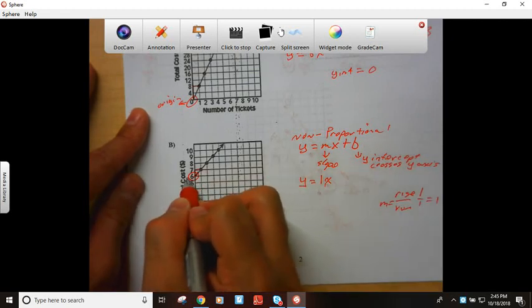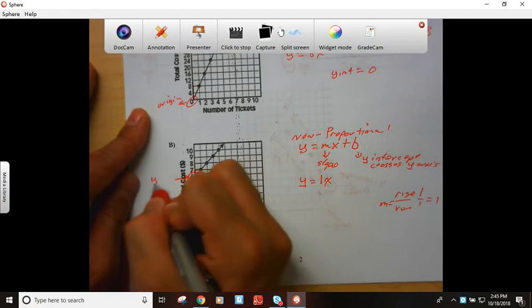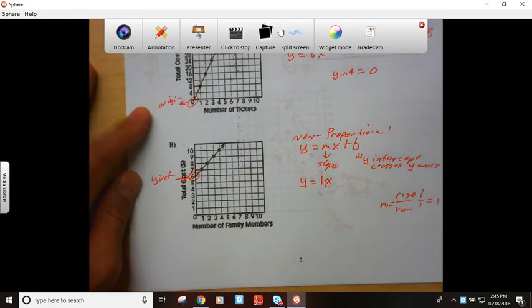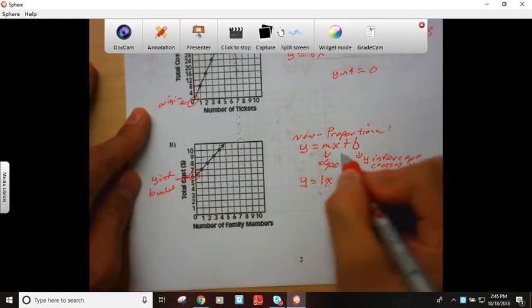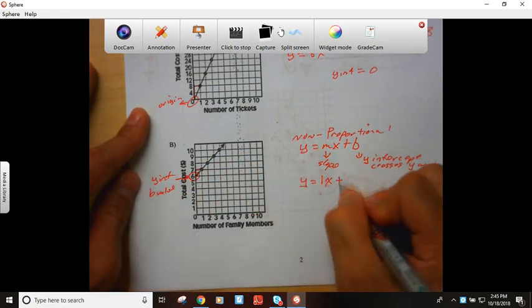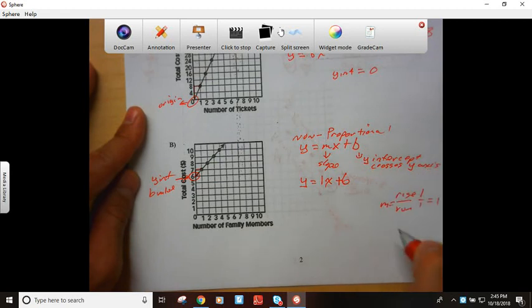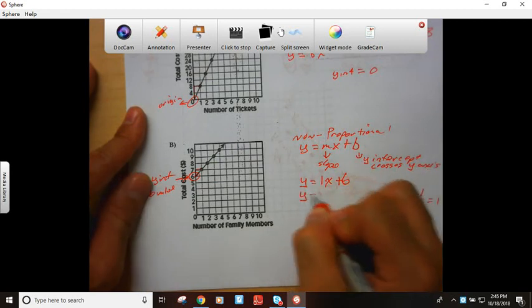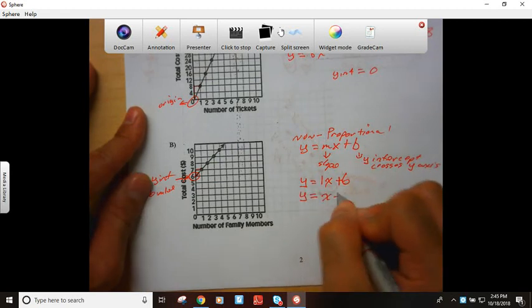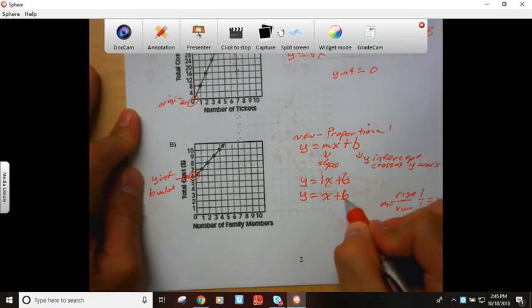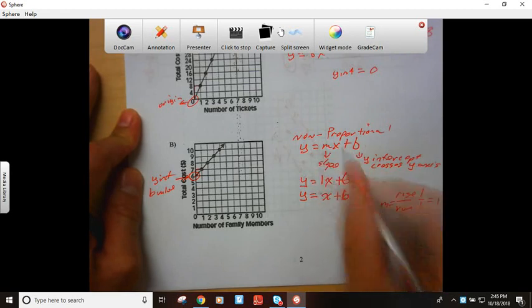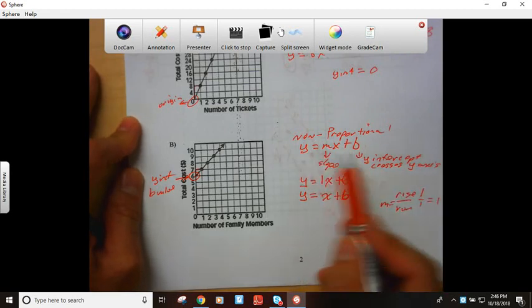So this right here is my y-intercept, which is my b value in my equation. So it's at a positive 6, so I put plus 6. And when I simplify, I get y equals x plus 6. So it matches what we said our equation should follow.